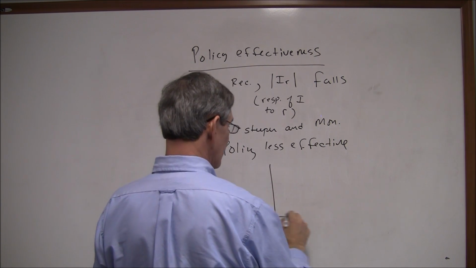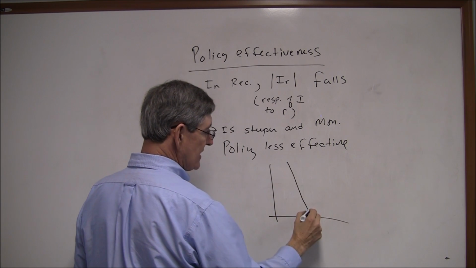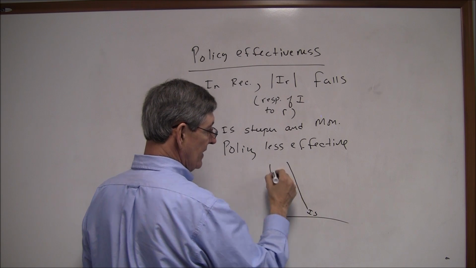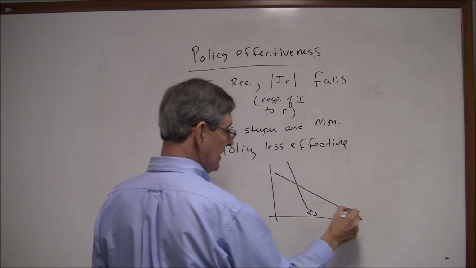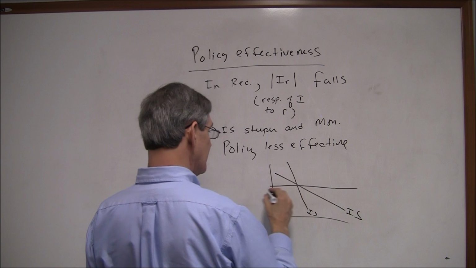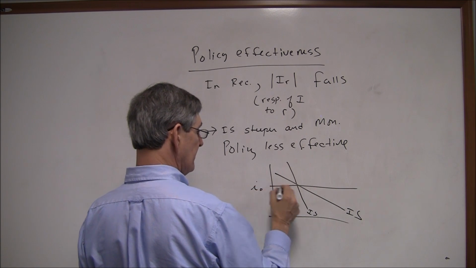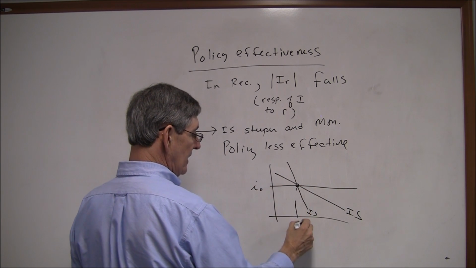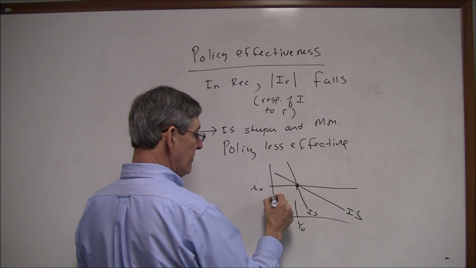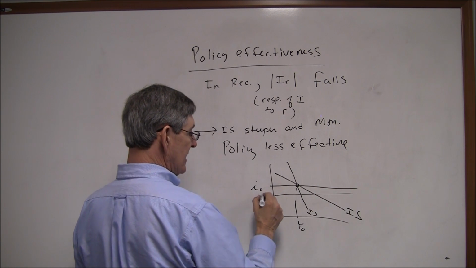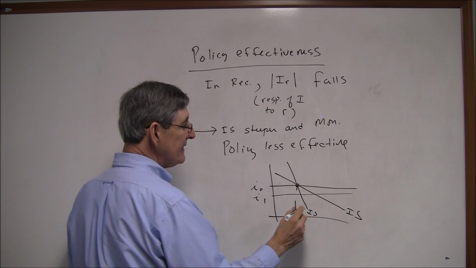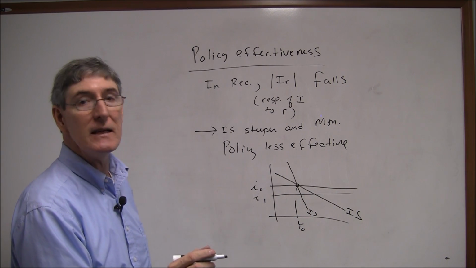And again, just to redraw it quick, there's the recession IS curve. There's the full employment IS curve. There's your initial interest rate, I0, initial level of income. When we drop the interest rate to I1, effectiveness means how much it impacts income.